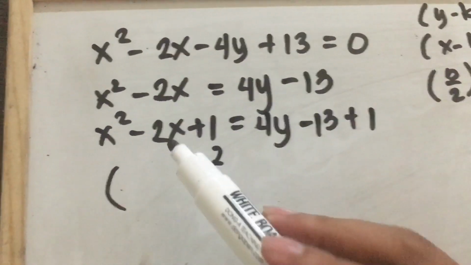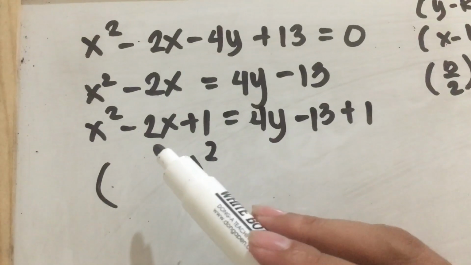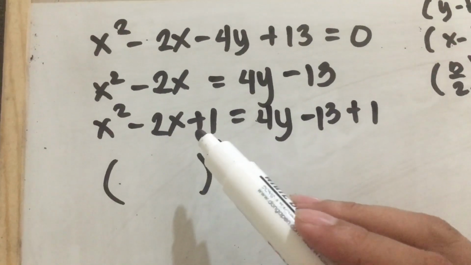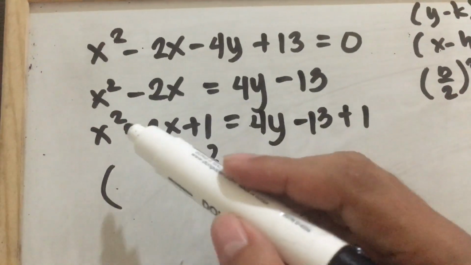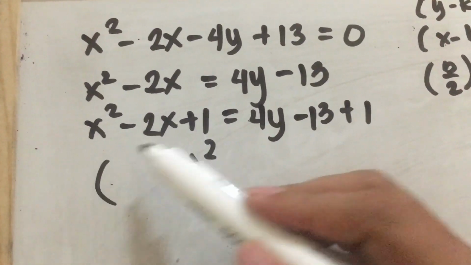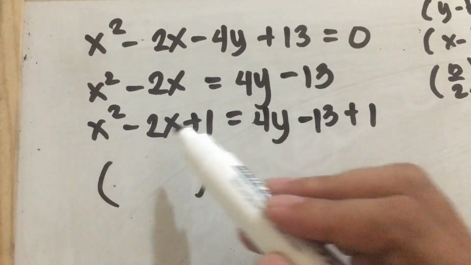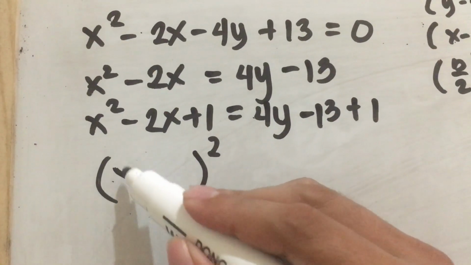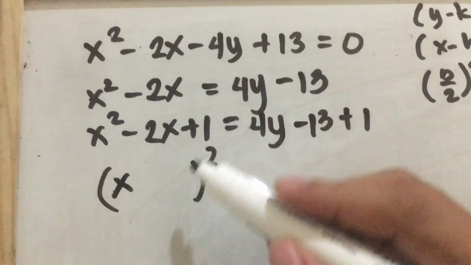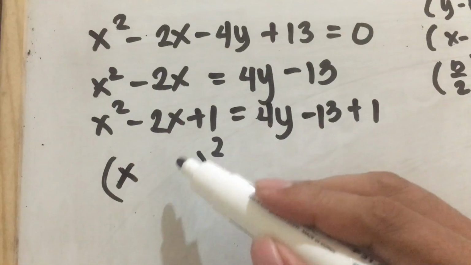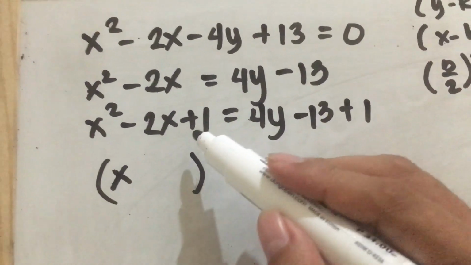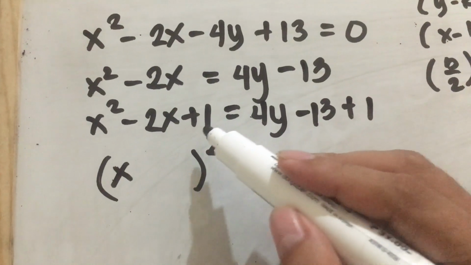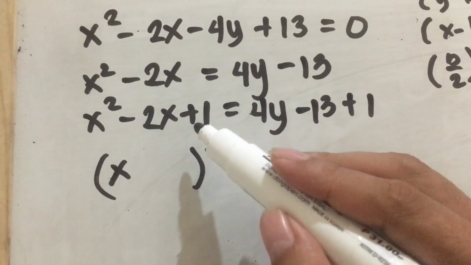So please take note, the outcome of a certain equation, when you do the process of completing the square, becomes a perfect square binomial. So the trick here is very simple. If it's x squared or x, the variable, you write here x as a variable. And then the number, what you look at, is the number that you added. The number that you added, you just take its square root. So, what you added is 1, so you take its square root.